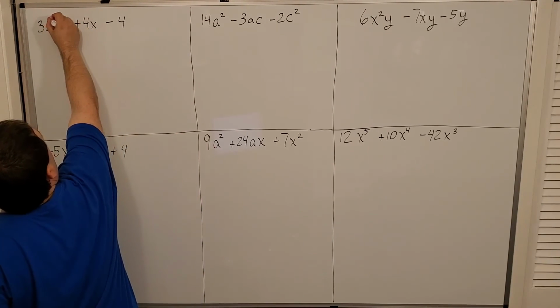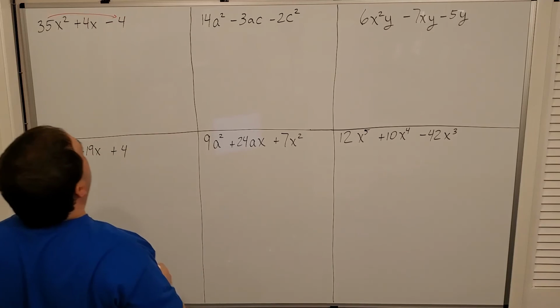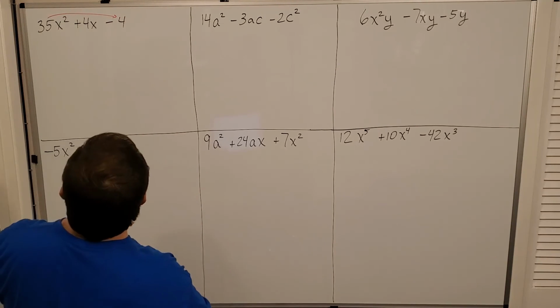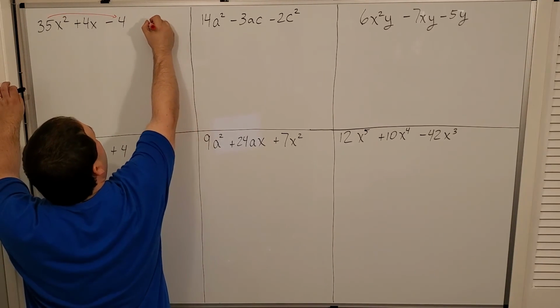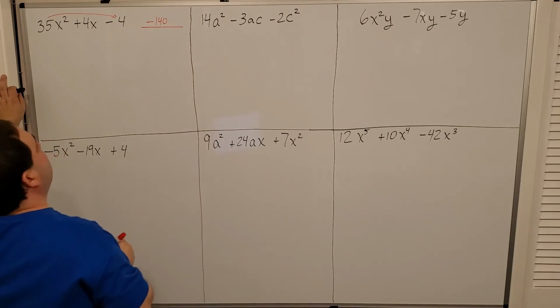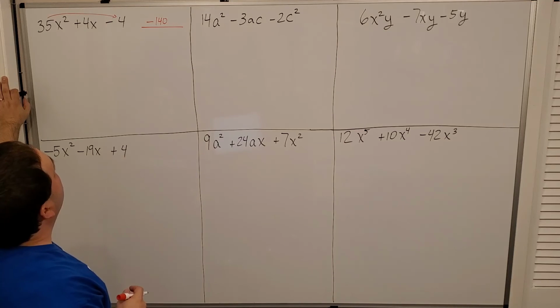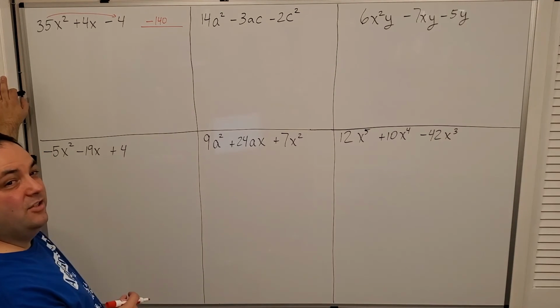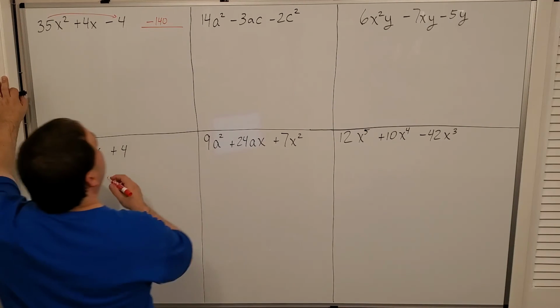So that's going to be 35 times negative 4. So we're looking at negative 140. And then I just need to find 2 numbers that add to 4, right?